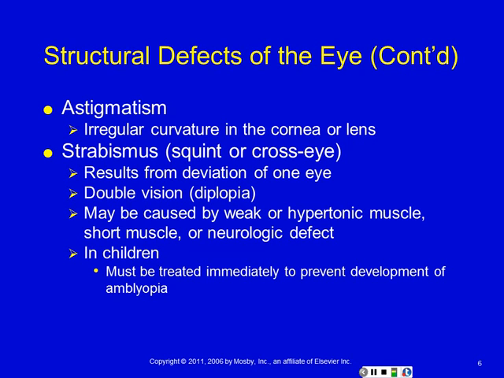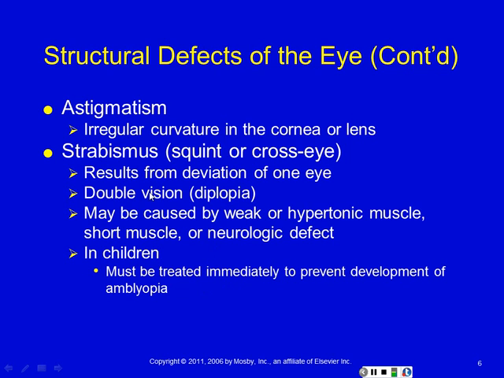So if they're bringing in two images, essentially the brain will just not look at one. It'll ignore one. And if that goes on for too long, it never recovers. The brain never looks at that eye again. So one of the reasons that we fix diplopia is to try to prevent that amblyopia.